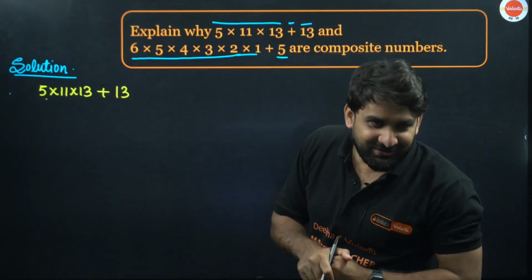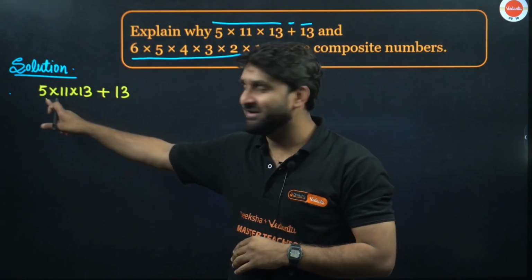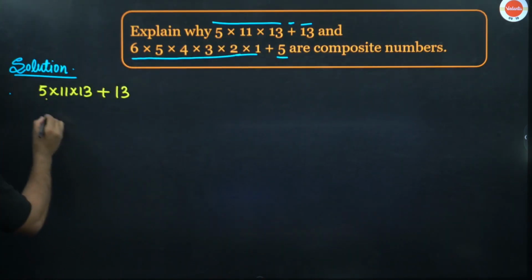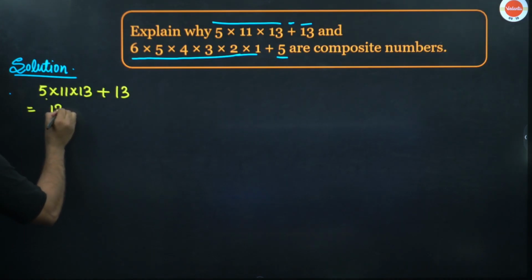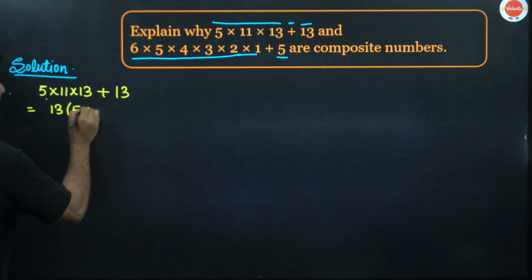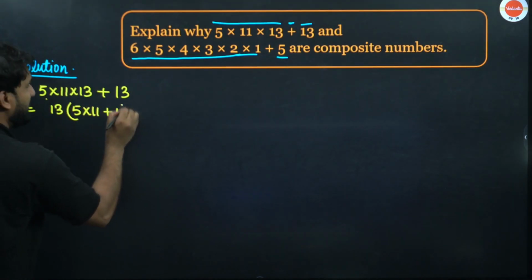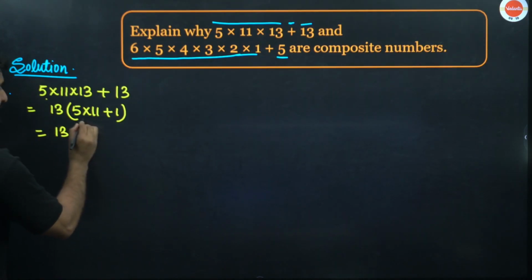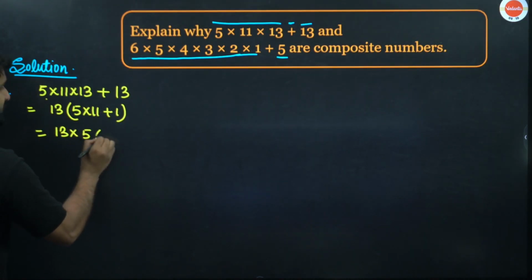Can't we take 13 as common, because 13 is present here and here? So I'm taking 13 common. We have 5 into 11 plus 1. Now solve the bracket: 5 elevens are 55, and 55 plus 1 will be 56.